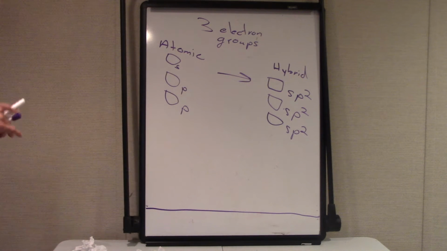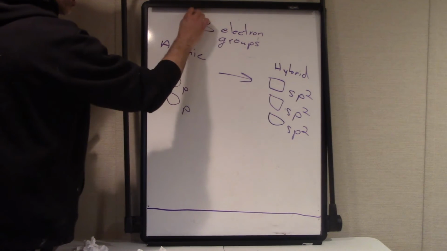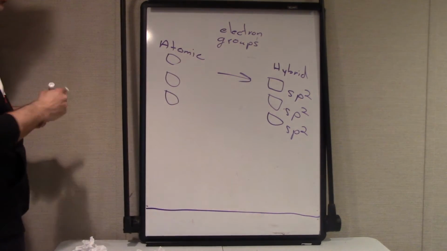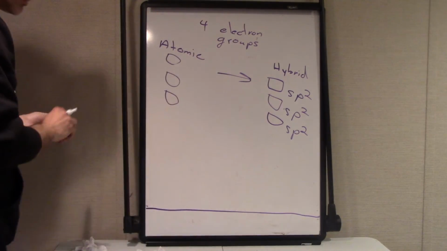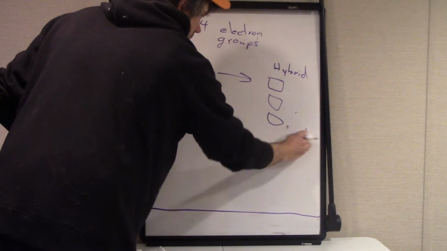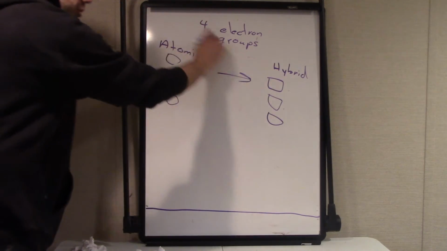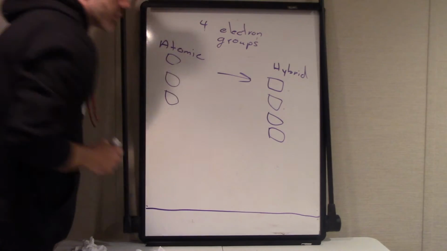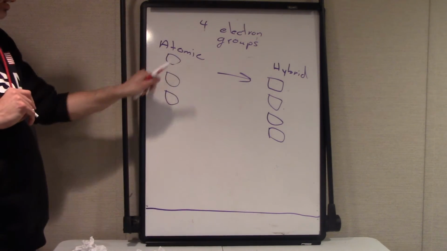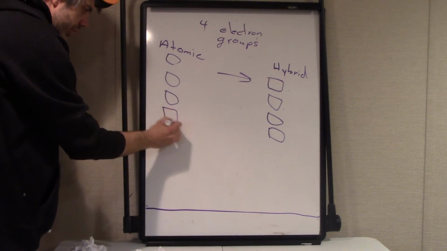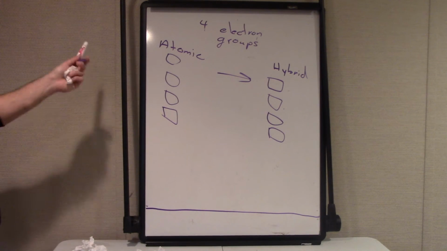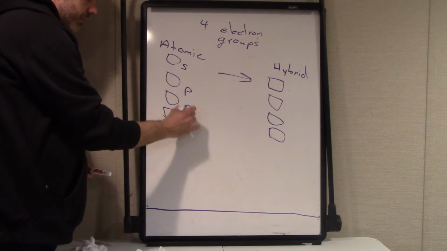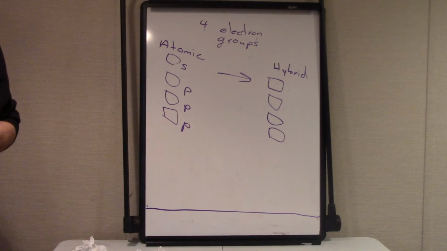We can go on and on with this. Here's three electron groups. If I go up to four electron groups, four electron groups means I need four hybrid orbitals. That means I need four atomic orbitals, using those guidelines. What atomic orbitals am I going to use? Start with an s, then go to your p's.